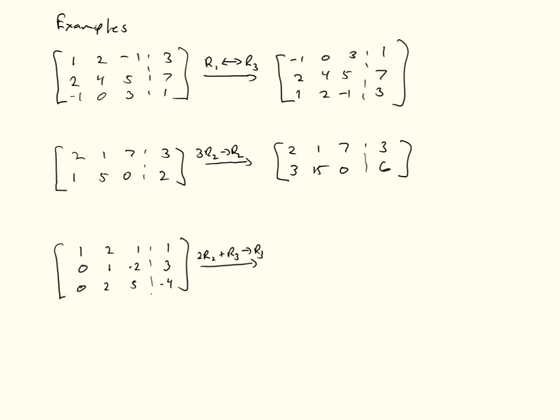Now in the next one, I'm going to take 2 times row 2 and add it to row 3 and put that result in row 3. What this is telling me first is that row 1 and row 2 are not going to change. So row 1 will be 1, 2, 1, and then a 1.